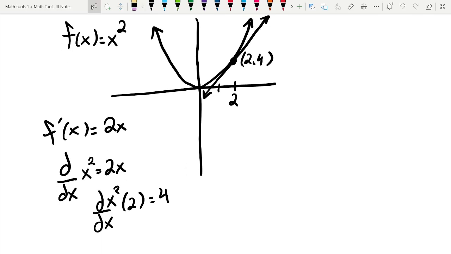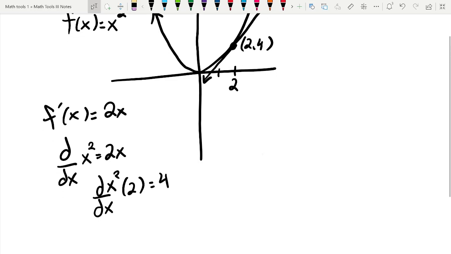So how do we extend that now into multiple variables? Because, of course, if we're looking at a surface, then there's kind of two different ways that it can change.